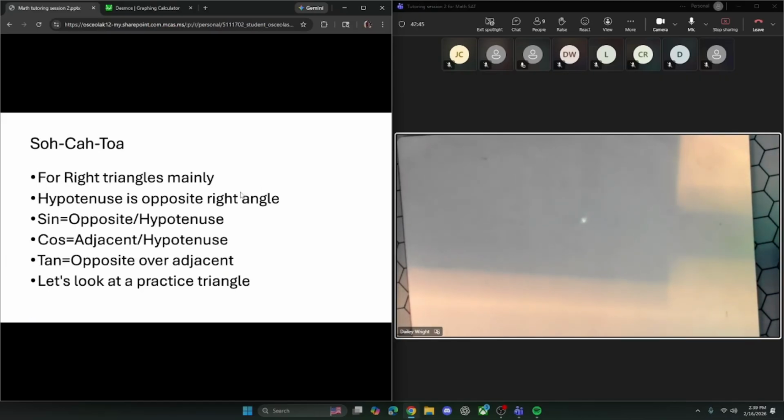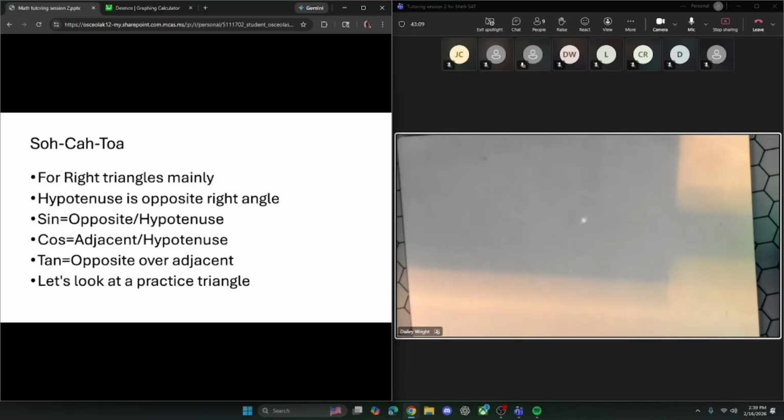SOHCAHTOA, this is a very, very important topic on the SAT as well for triangles. I would say this is probably your second most important, right behind understanding the Pythagorean theorem. So SOHCAHTOA, you can use it for most triangles, but on the SAT, I've never seen it on anything other than right triangles.